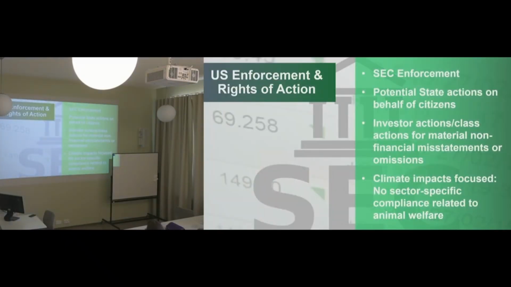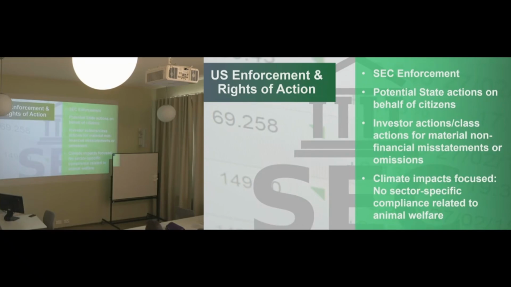So, U.S. enforcement and rights of action. It could potentially be just the SEC enforcing. There is potential for state actions on behalf of their citizens. In a similar case, the New York Attorney General brought a case against JBS. So states can do that to protect their citizens.